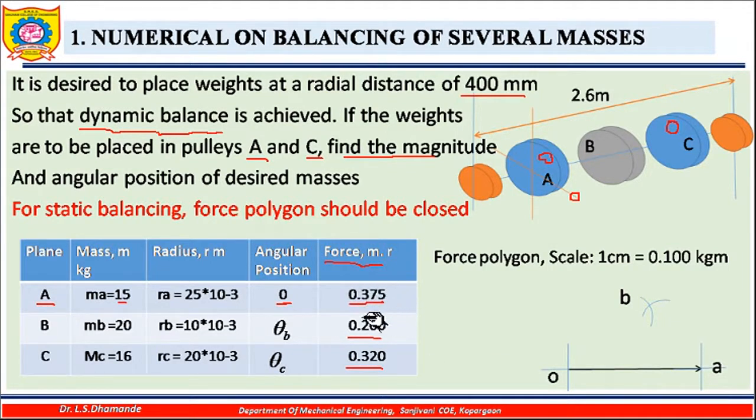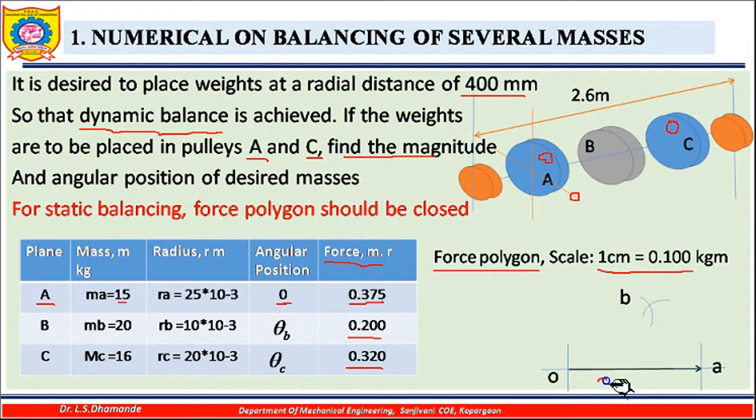When you draw this graphically, we have to select a particular scale. For drawing this force polygon, let us select a scale in which 1 centimeter is equal to 0.1 kilogram meter. So this is 0.375, which means the length of this vector will be 3.75 centimeters.